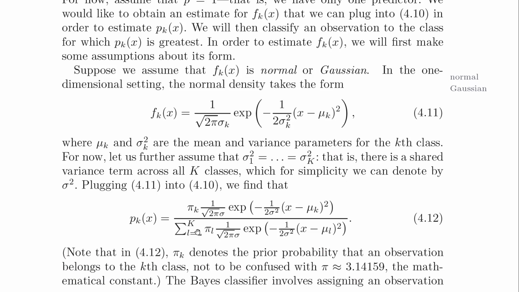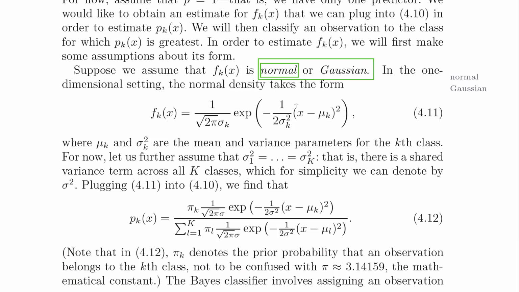Hopefully the term normal is familiar to us. It's what we were using for the error term epsilon in linear regression. It's used in so many different situations where it's doing something else this time around, but it's still the normal distribution.